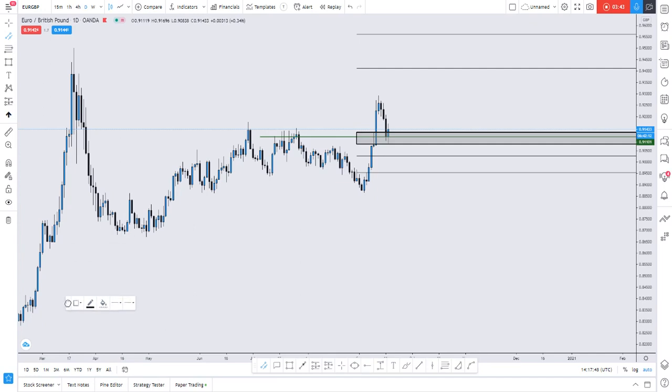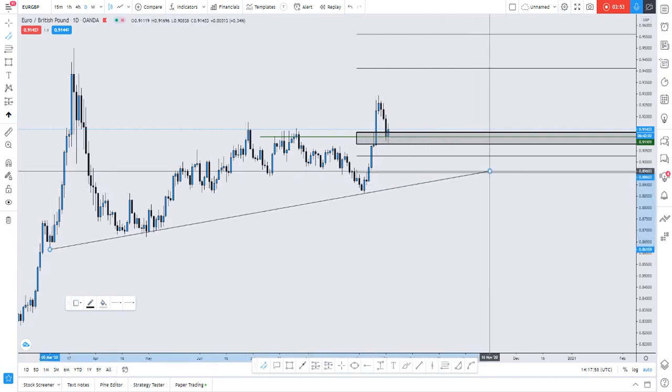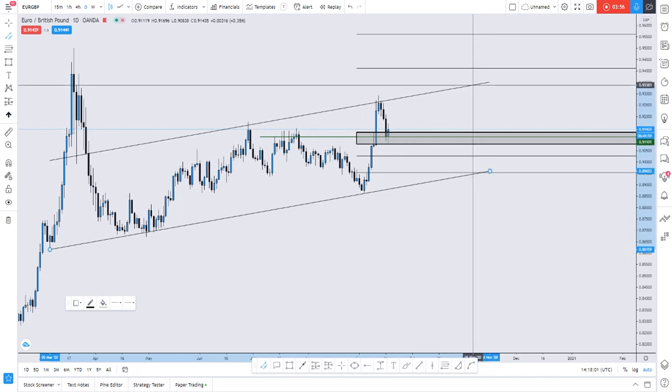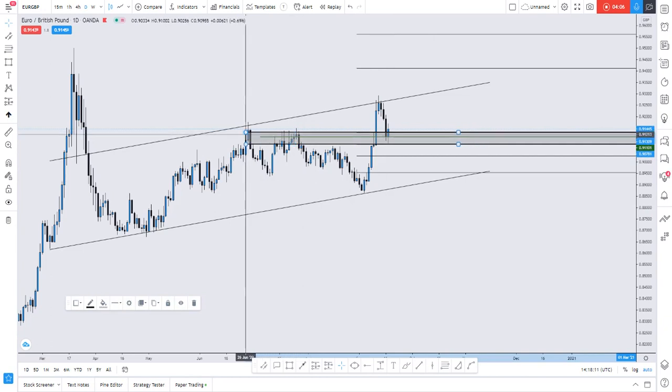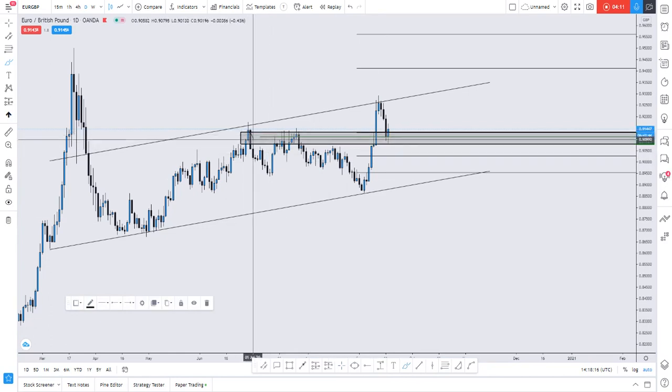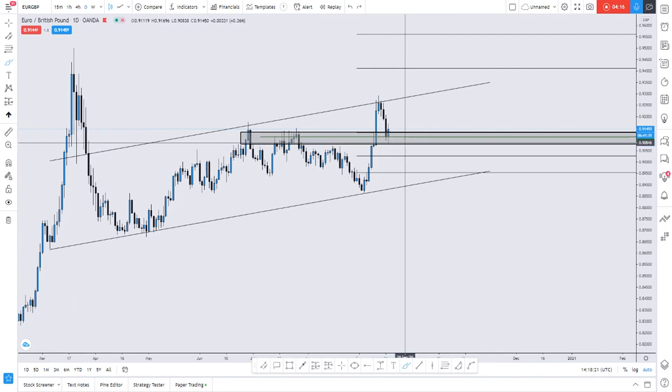So this is a channel, an upward channel, and we can see that previously when price was here, price acted as resistance, broke through, and now it's acting as support. Simple S and R flip.